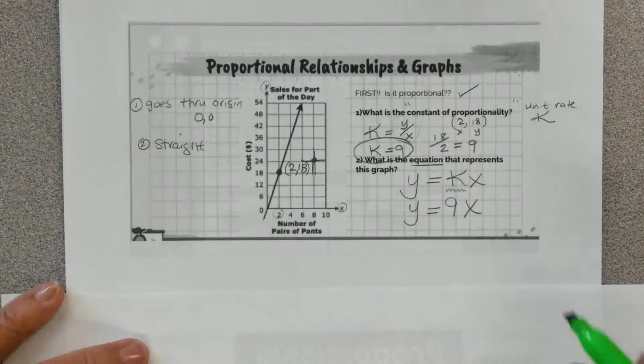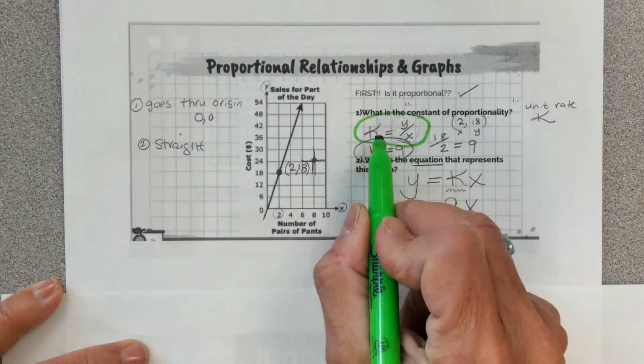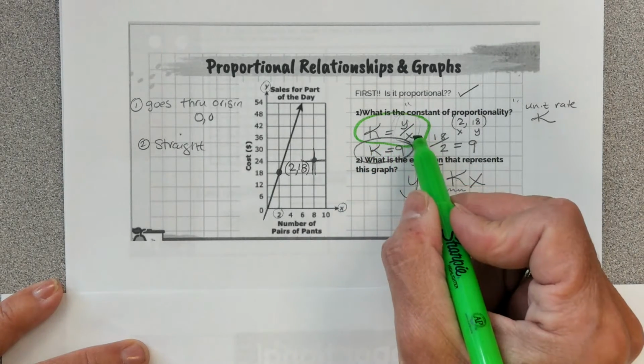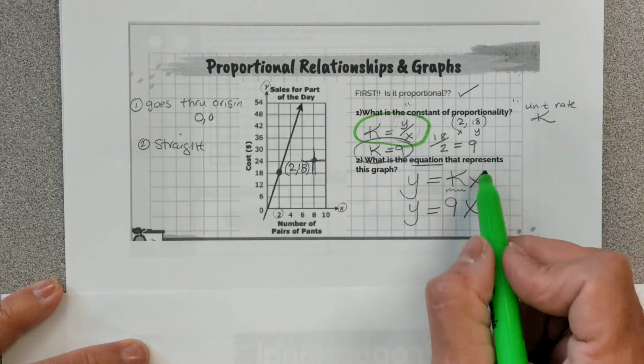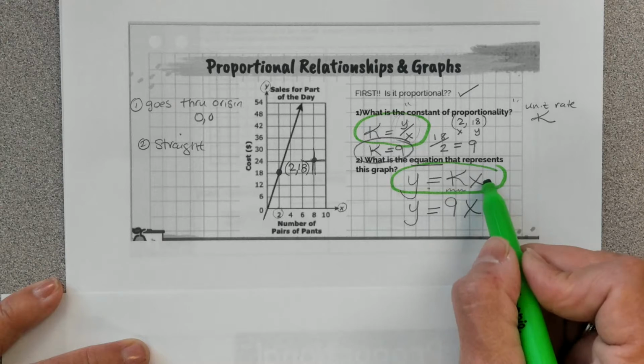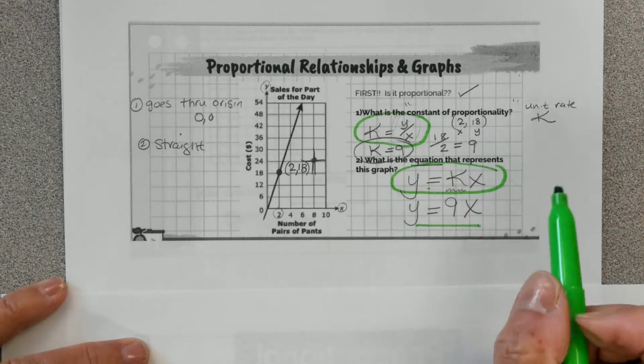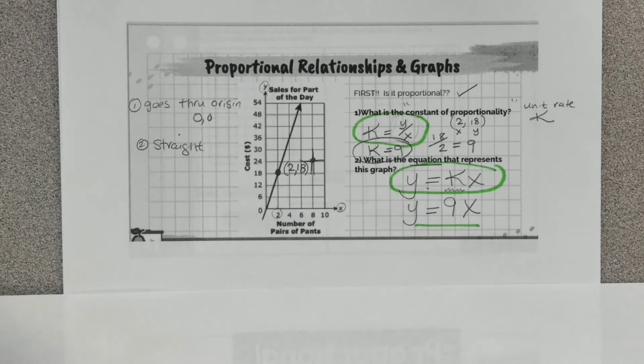So the two super important formulas that you need to know are k equals y divided by x in order to find the constant, and the equation is y equals kx. As soon as you find the constant, you plug it in there and boom, there's your answer.